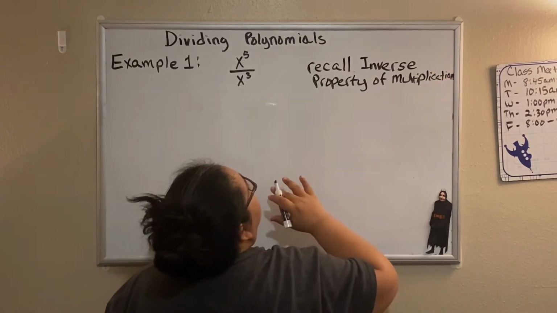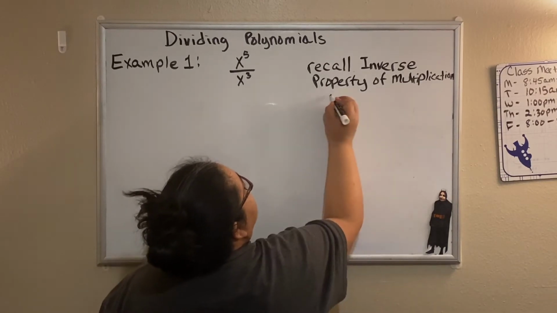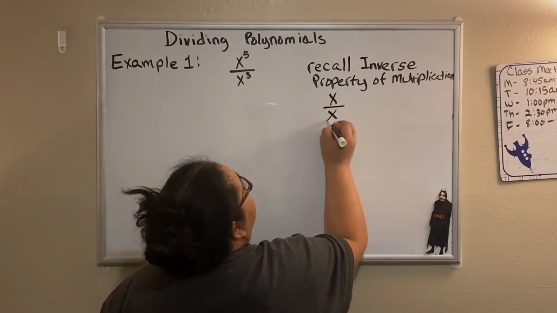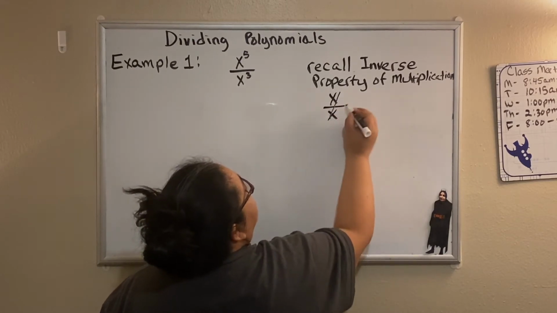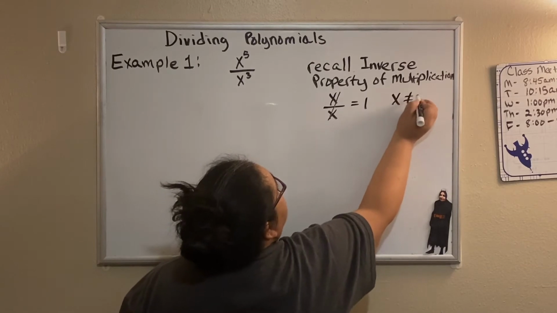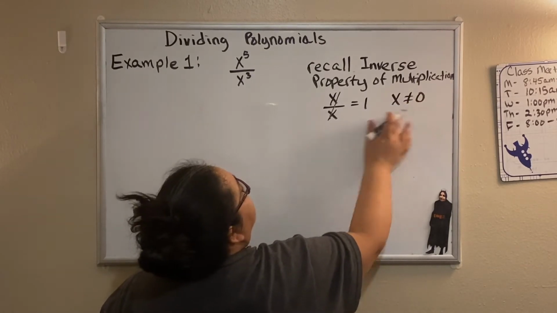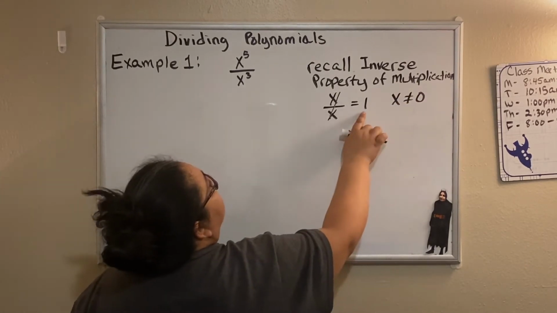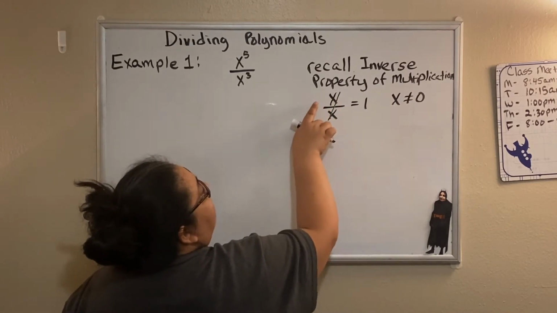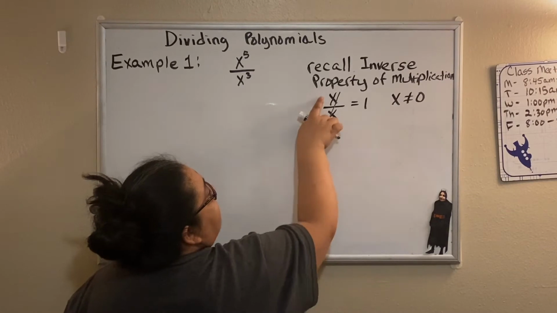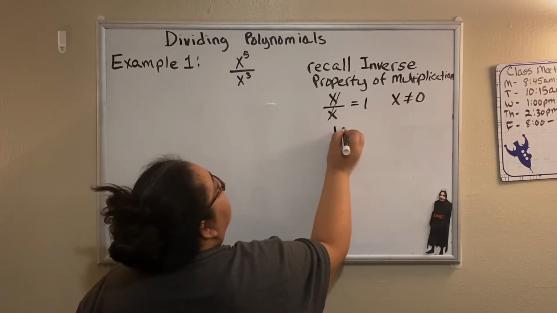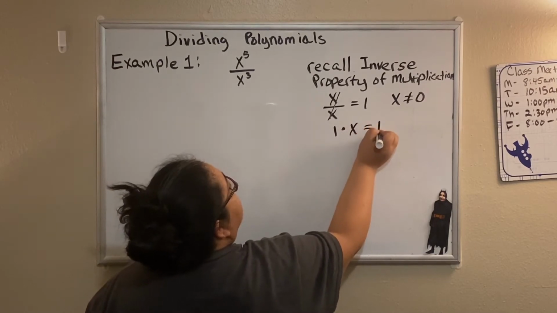It says that a number x, any number x, divided by itself reduces and gives us 1. This is true as long as x does not equal 0, because we cannot divide by 0. But I can reduce a fraction if I have the same number on top and bottom and reduce it to a 1. And remember, 1 times any number is itself.